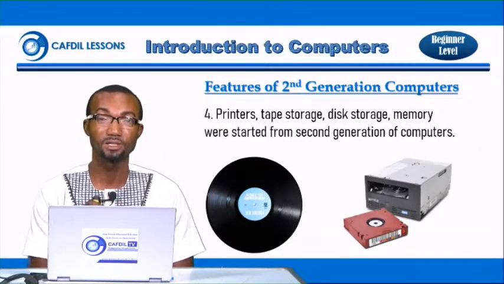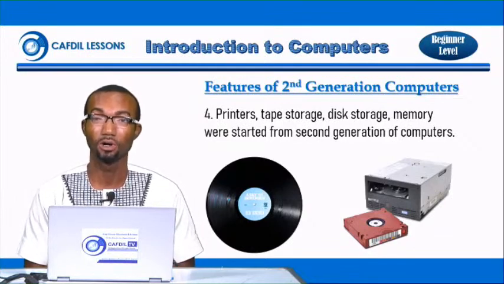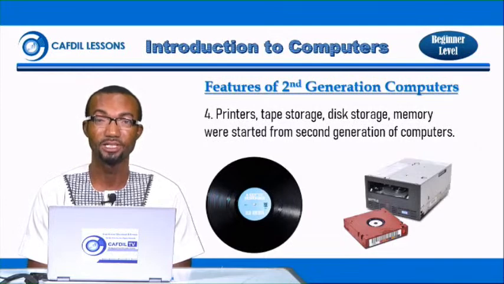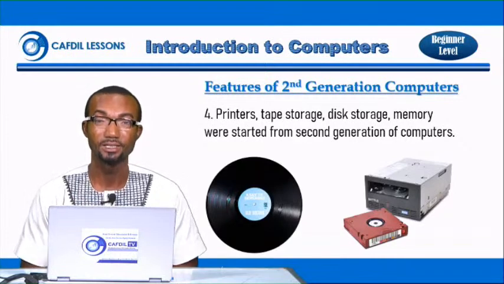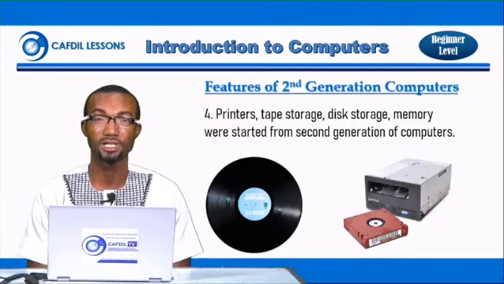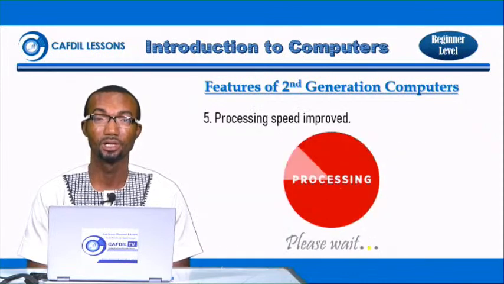In the first generation, they were using the magnetic drum, both for all the kinds of storage they need. But as they progressed, CDs and then tape storage also came to being. So the second generation, printers, tape storage, and then disk storage were introduced.